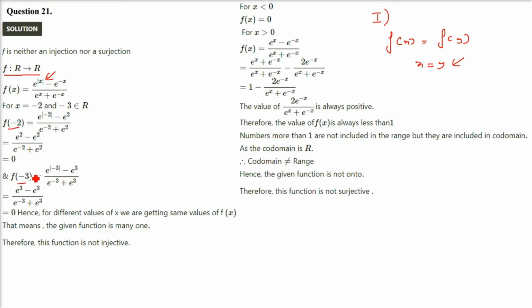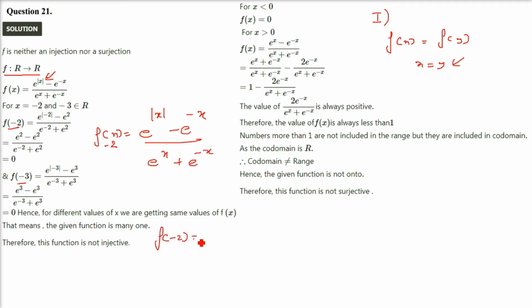All the negative numbers are going to give the same result here, because it is e to the power mod x minus e raise minus x, over e raise x plus e raise minus x. Let us put x as negative 2.